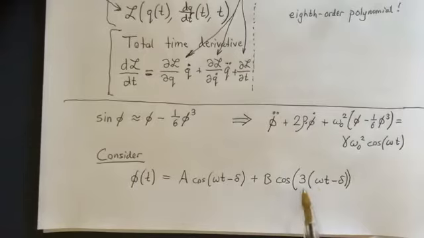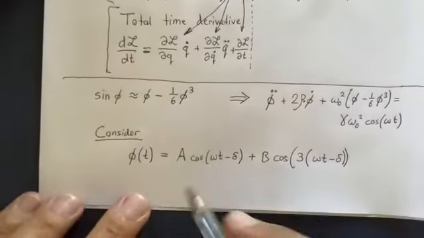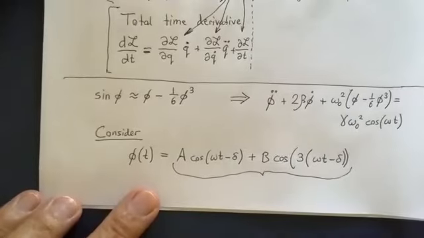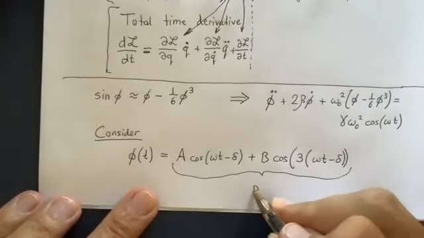So this is a higher frequency because of the factor of 3, but the periodicity, this is a function that repeats itself over and over again. The fundamental period of this thing, the entire thing, this is a periodic function.